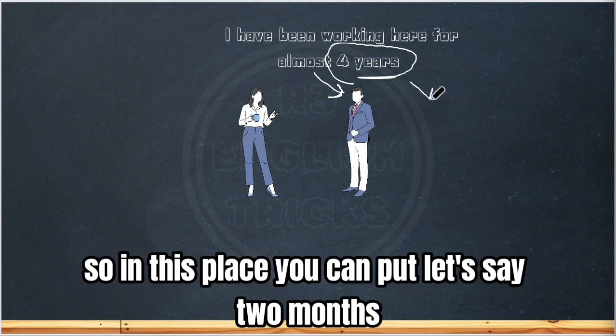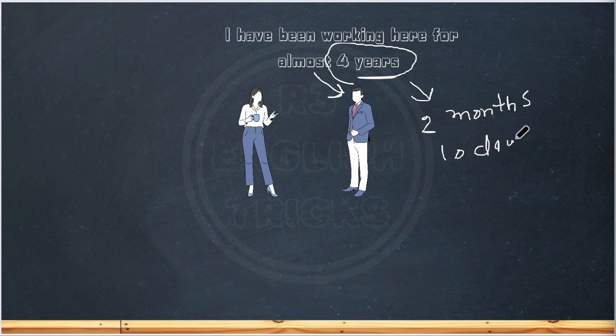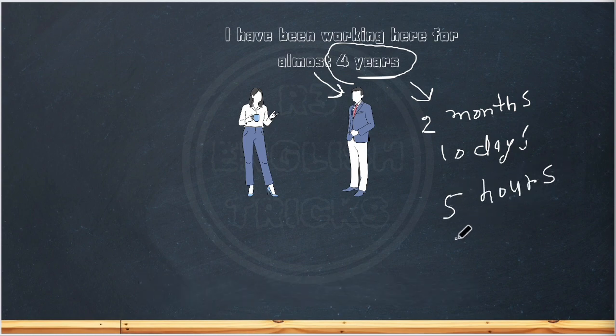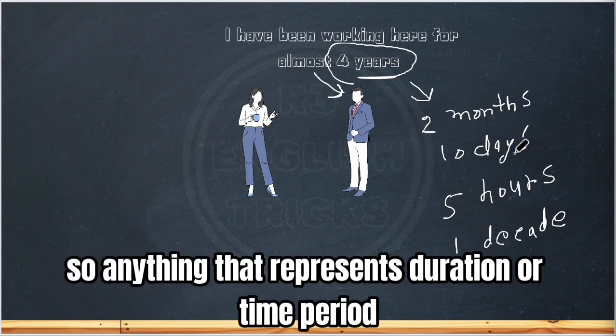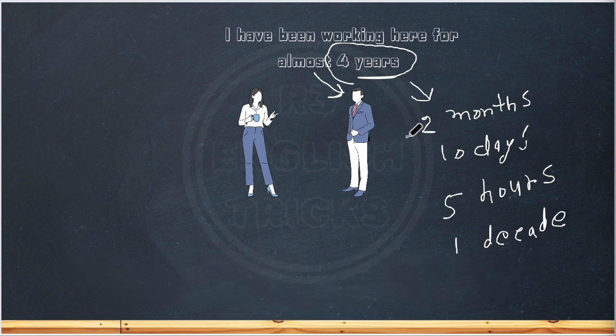So in this place you can put, let's say, 2 months, then let's say 10 days, then you can say 5 hours, let's say 1 decade. So anything that represents duration or time period, you can actually place it after "for".